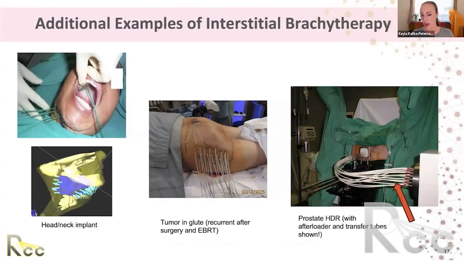And it was palliative. He had already had surgery, external beam many times for various parts of this. It was a mass with many portions and spread. And so we did brachytherapy for palliation, and that was a really neat implant through his glute. And then you can see head and neck brachytherapy as well, and you can treat directly to tumors that way.